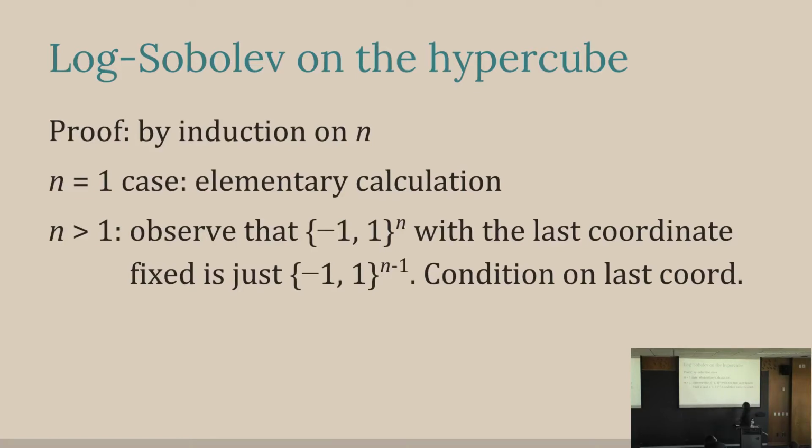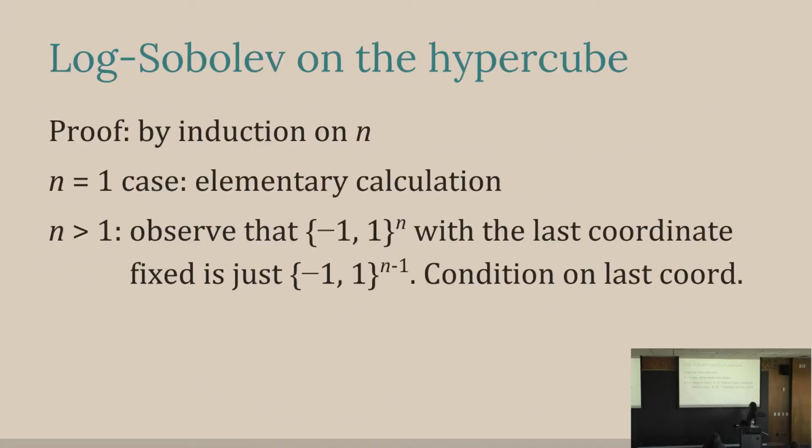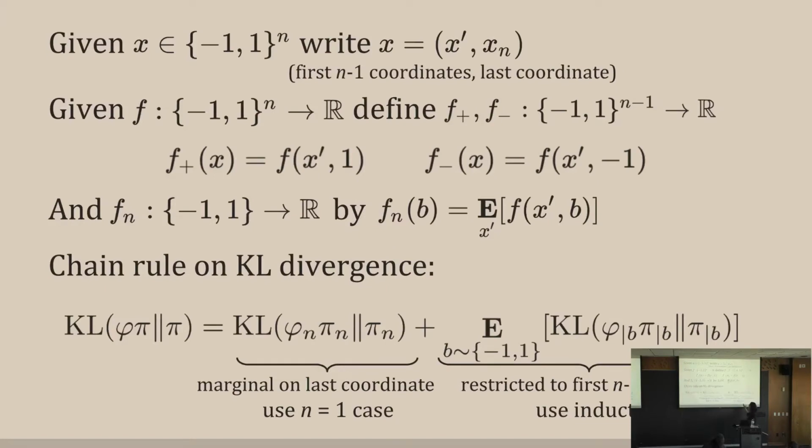I actually wrote down the proof of this exactly in the next 2 slides, but I'm not going to go over it. I'm just going to say that it exists and it's indeed short. My point is that once you have the idea of conditioning on the last coordinate, and you write down some definitions, and you use the chain rule for the KL divergence, which says that you can split it up into the marginal on the last coordinate and the restriction to the first n minus 1 coordinates.